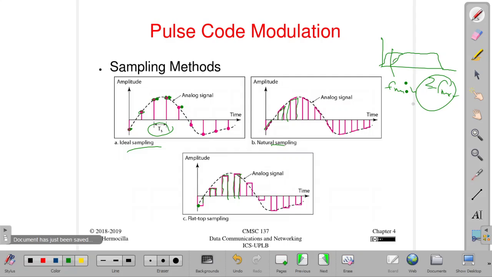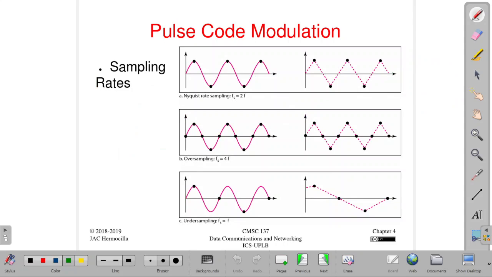But if we don't have, it will be F max minus F min. So I think that's the value. So this is the sampling rate. So the ideal is the sampling rate should be twice the highest frequency to somehow approximate the actual signal. So you sample at this point, at this point, at this point. So you have this wave.